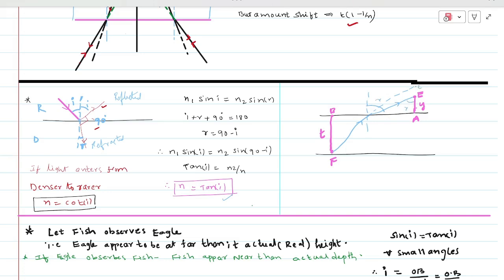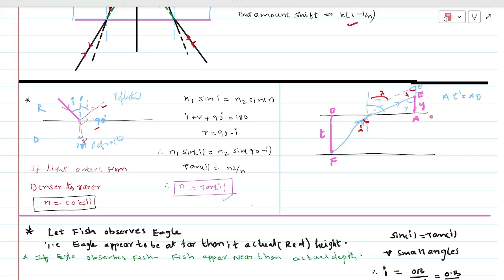This is the position of E. That means for the fish observing the eagle, it appears farther than its actual position. So E dash is the apparent depth, not the actual depth. Here if you follow the angles, this is angle i, and this also is angle i.